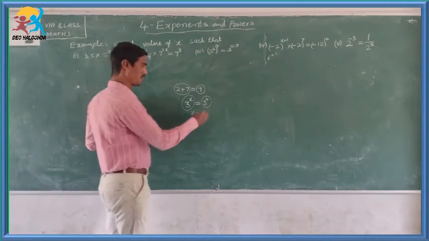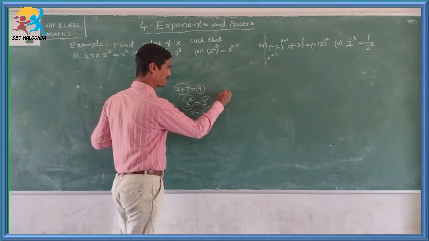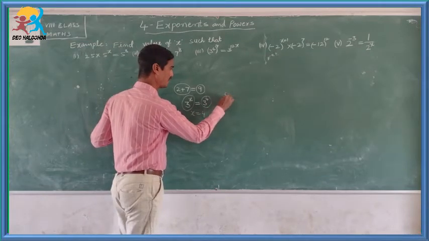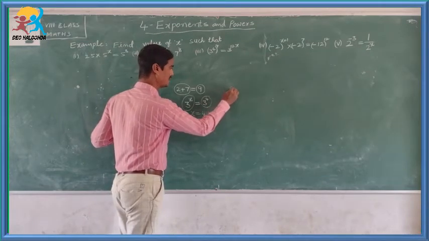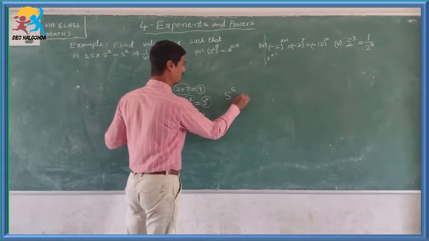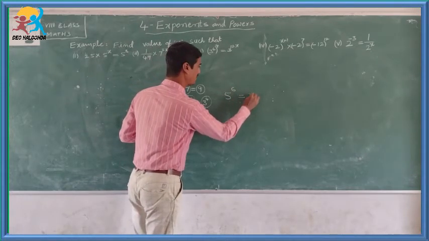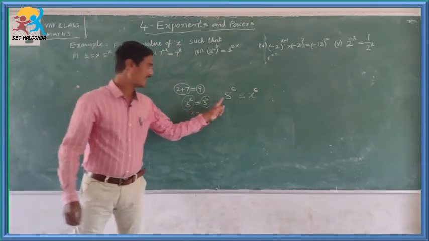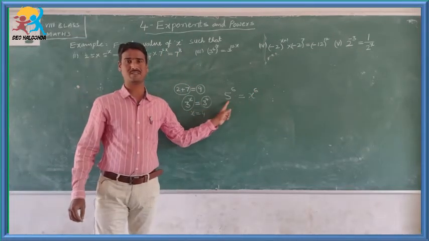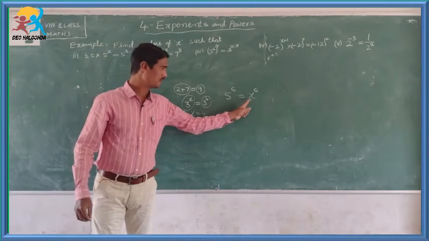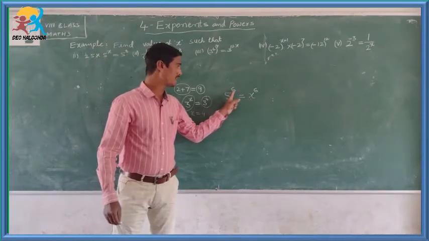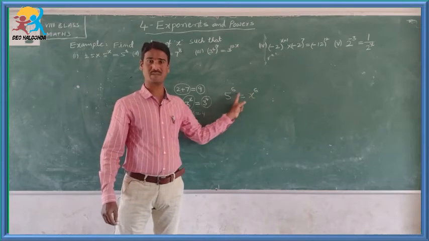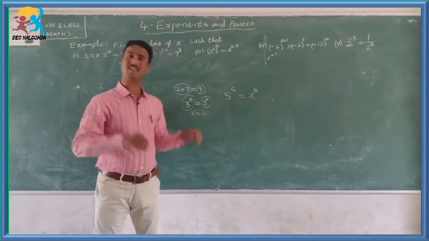Suppose I take here 5 power 6 equal x power 6. Clearly observe that I have taken two powers that are equal. In these two powers, the exponents are equal, so the bases should be equal.